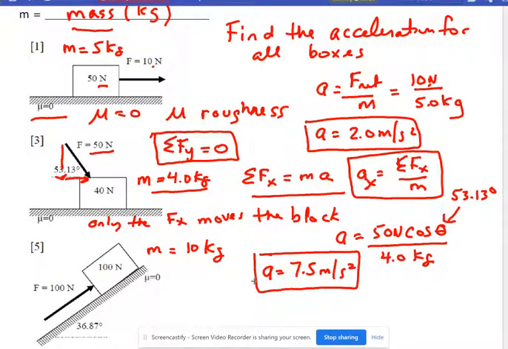So ax, the horizontal acceleration, is the sum of the forces in the horizontal direction divided by m. How do I find the sum of the forces in the x direction? I take the x component here, divided by m, and there you go. Let's try another one.